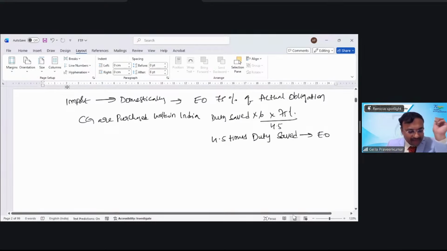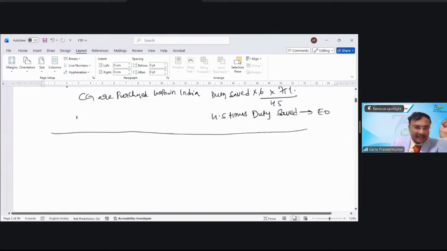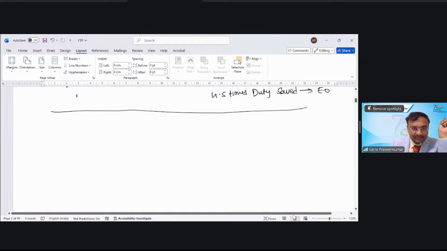This is one relaxation. Another relaxation is called condonation, a relaxation of the obligation.